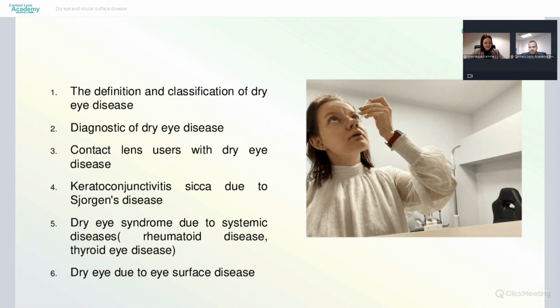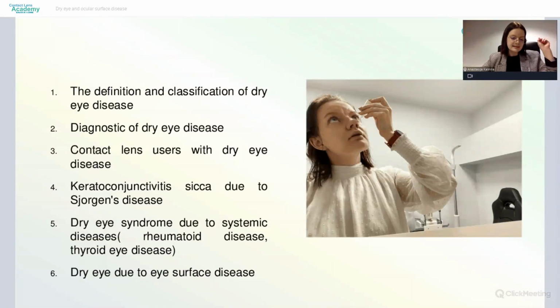And on the screen, you can see our lecture plan. It covers the definition and classification as the first point. I'm going to present the main signs and symptoms, what you should focus on as an optometrist, and what you need to underline in what your patients are telling you.